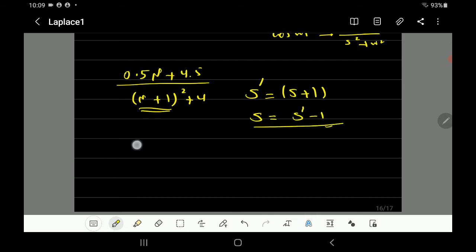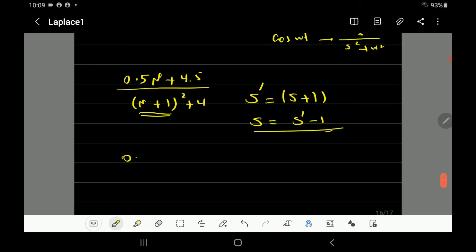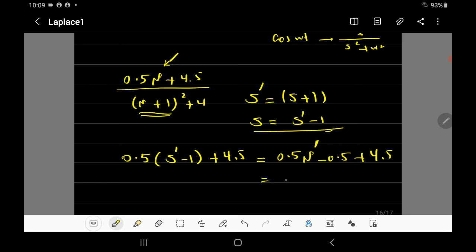Yeah. So I will go to this expression. I will substitute 0.5 times s, and for s I put the equivalent, s dash minus 1, plus 4.5. That equals 0.5 s dash minus 0.5 plus 4.5, which equals 0.5 s dash plus 4.